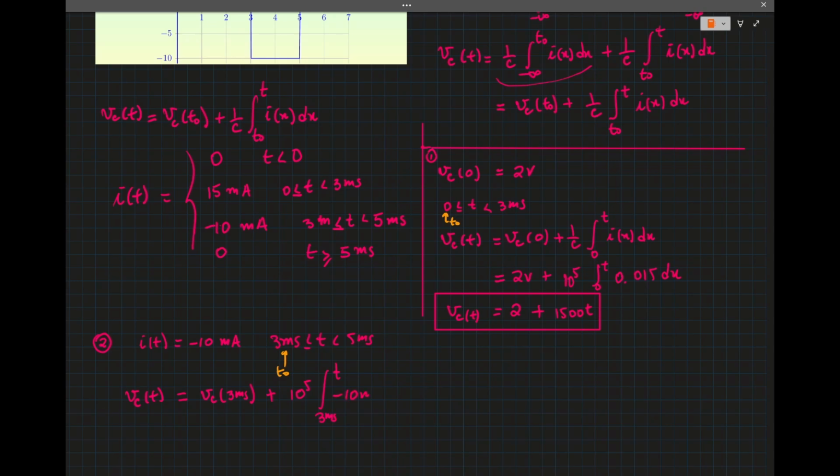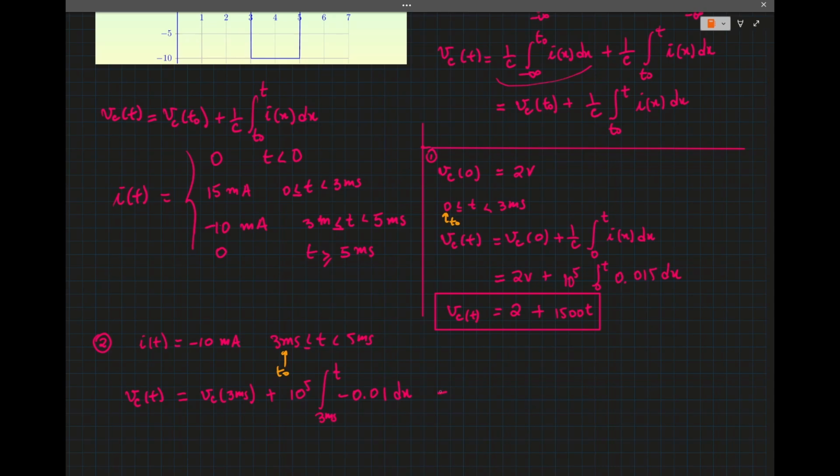minus 10 milliamps. So if you like, it's minus 0.01, dx.